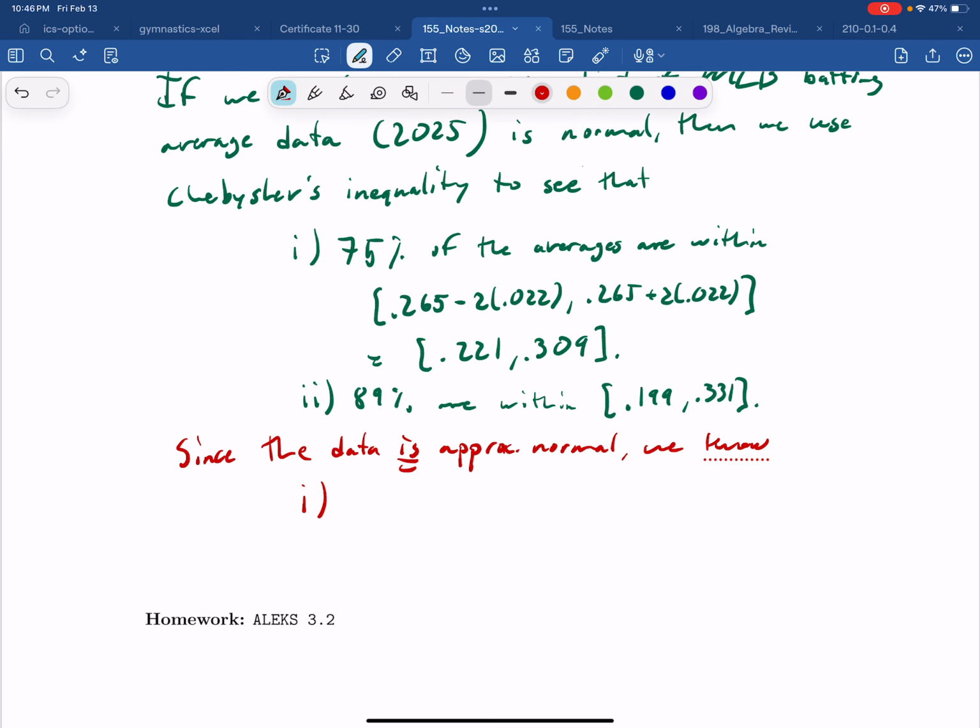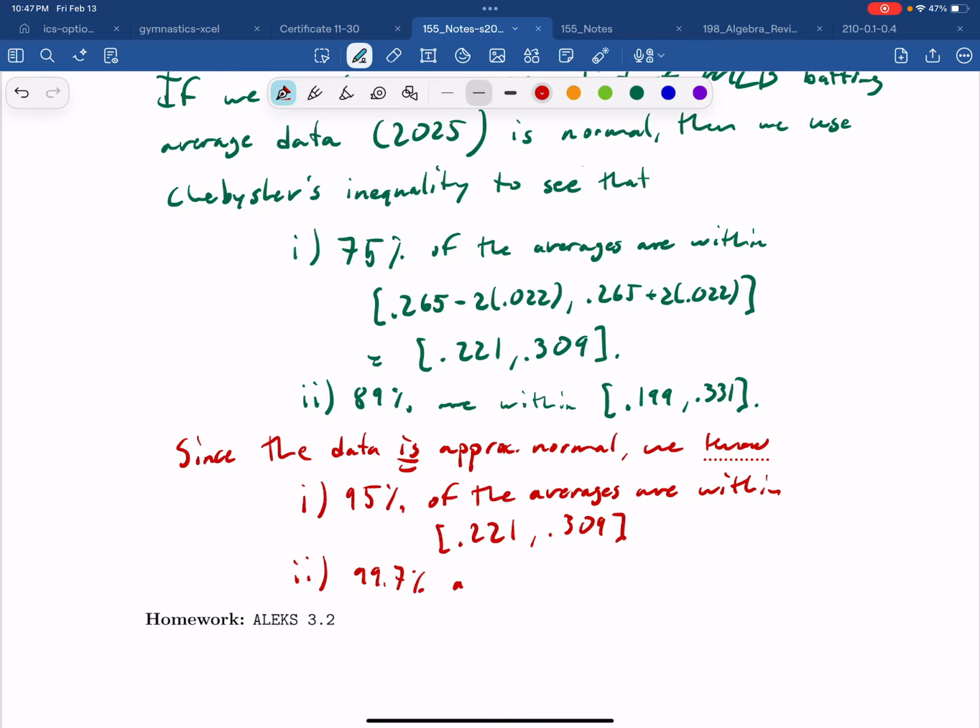So we can say 95% of the averages are within 221 to 309, and 99.7% are within 199 to 331. So it really makes a big difference whether we know that our data is normal or not.